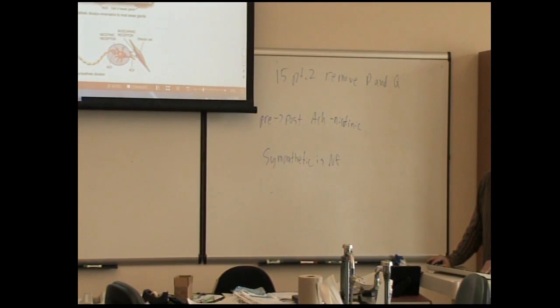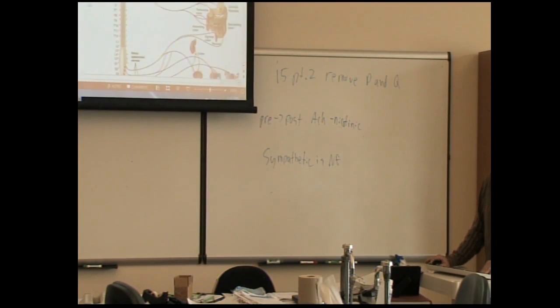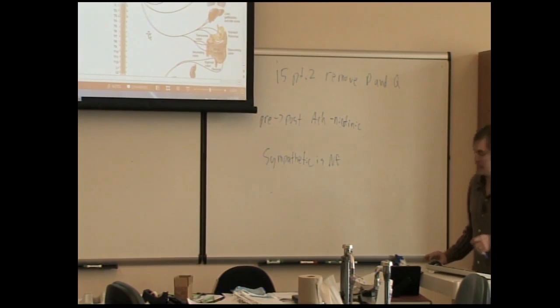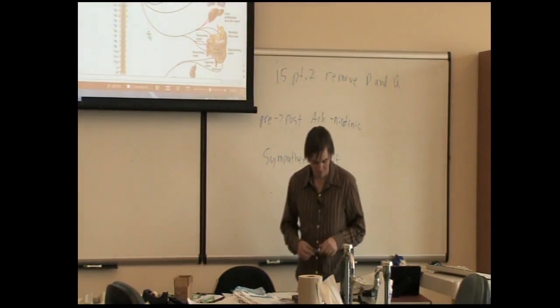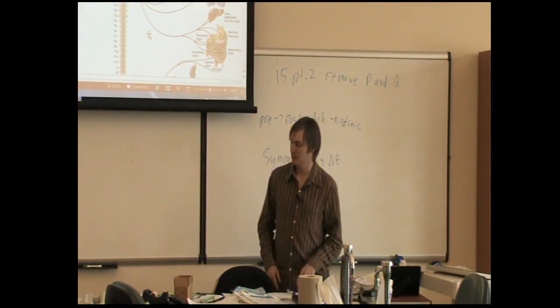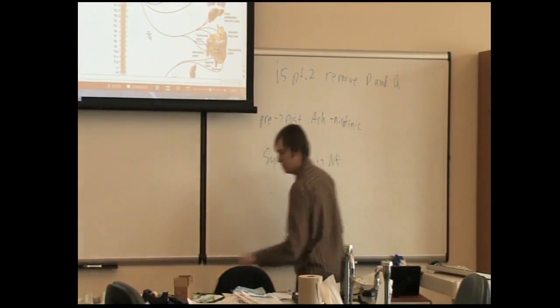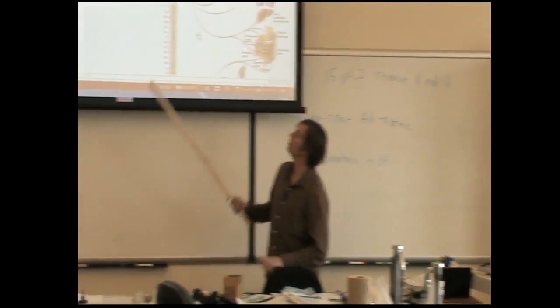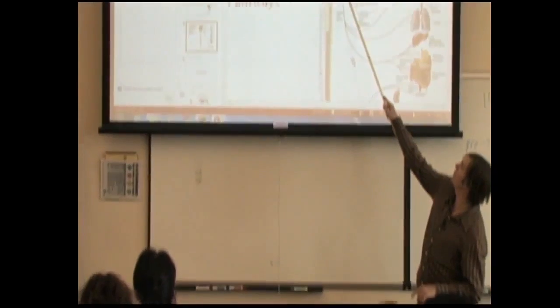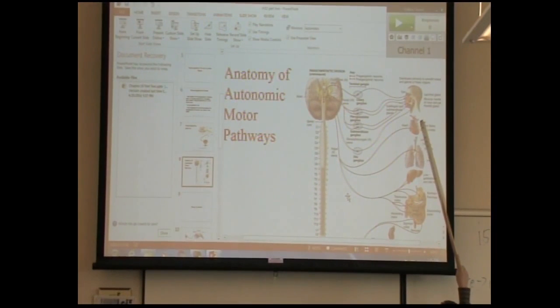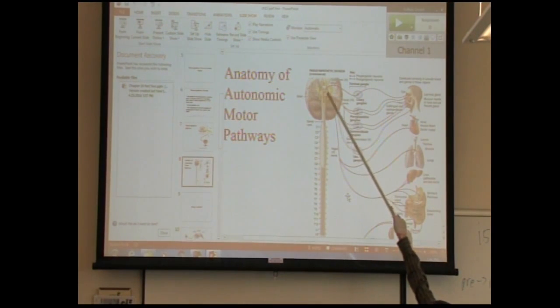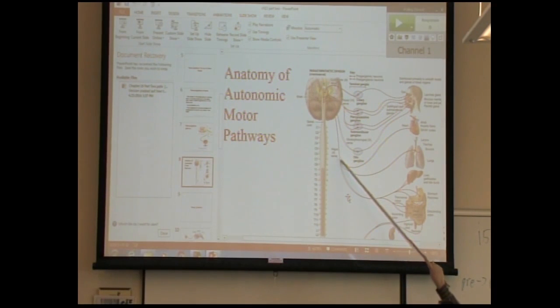So on our nervous system diagram, the signals from the brain to the heart. So basically I'd say brain, brainstem, and then it's going to come through the vagus nerve to the heart.